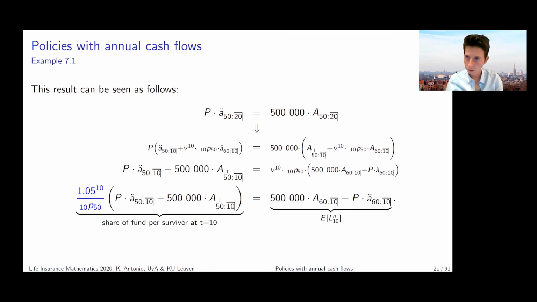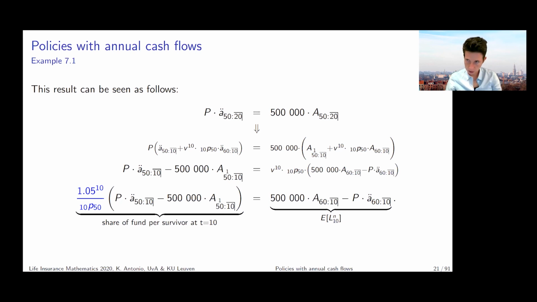Because on the iPad I first calculated the accumulated value of the premiums minus the death benefits at time 10. And that turned out to be this 1.05 to the power 10, multiplied with n, multiplied with what you see here between the brackets. And then I said that's the fund accumulated at time 10.